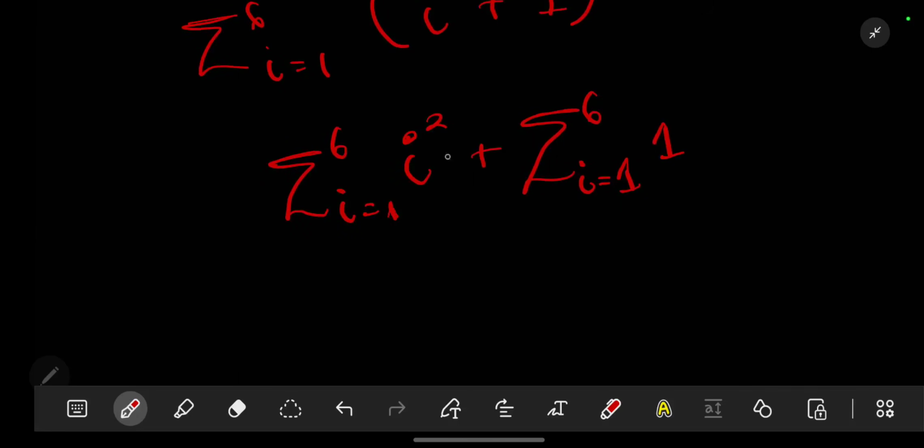So if we are to add this, it will be 1 squared plus 2 squared plus 3 squared, if we are replacing for this, plus 4 squared plus 5 squared.